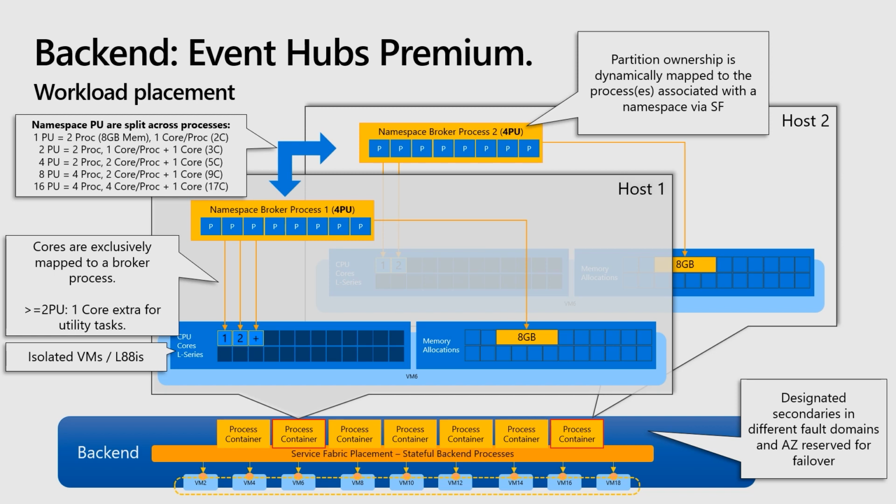With 2 PUs, we're giving you an extra core for all utility work, capture, all the things that are happening that have nothing to do with just taking the data and just pushing it on disk. So from 2 PU onwards, there's always a utility core, and that utility core does all the utility work. And the way we're doing this, we're literally going to pin certain work to certain cores.